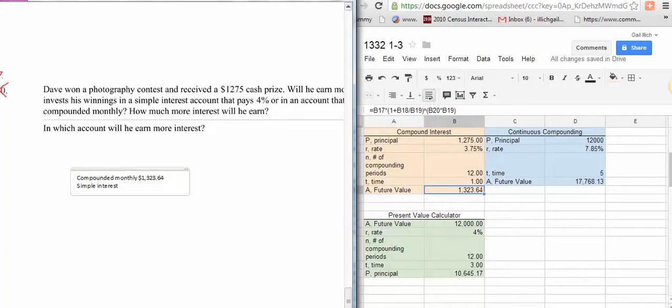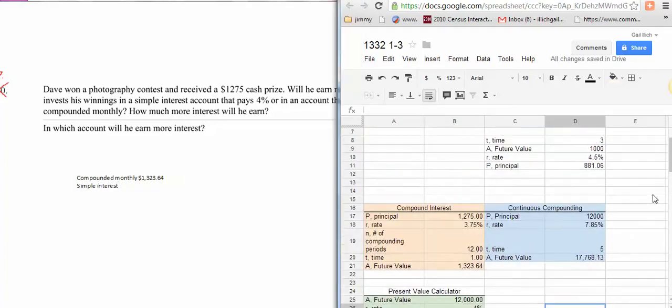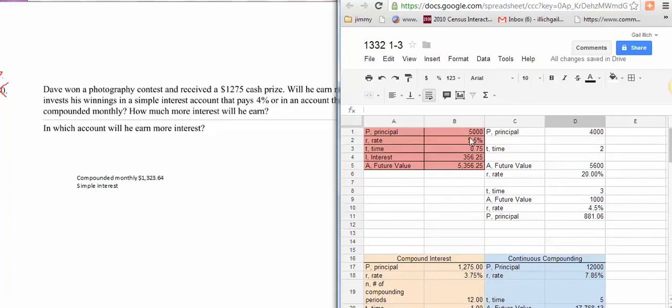So now let's do simple interest. All right, to do the simple interest, we'll have to come back up. Our simple interest was this first formula that we did right here. So 1,275, the rate was 4%, the time was 1 year, and the amount that he would end up with, that doesn't make sense, does it? Oh, I didn't make 4%. Look at me. I need to do 4 and then a percent sign.